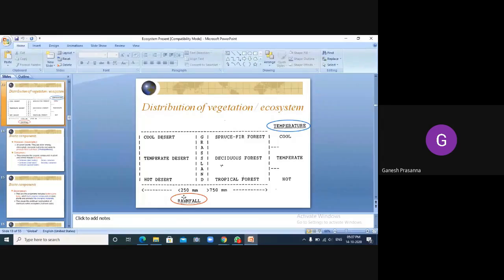If the rainfall is medium, the temperature is medium, then it gives rise to temperate grasslands, like your temperate deserts and your deciduous forests. Deciduous forests are the ones where the leaves are shed every winter season. If the rainfall is high, you can expect some cool temperatures, and also you have some cool deserts. In between, you have grasslands.